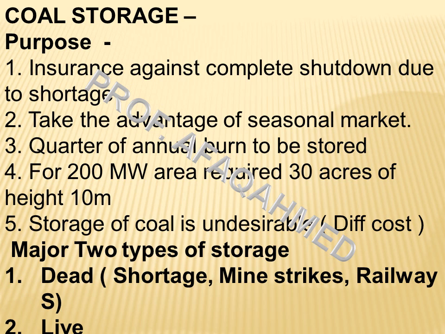So we can take such advantage during the purchase of coal also. The coal storage is normally sized to have a capacity of a quarter of the annual burn, 1.25 million tons for a 200 megawatt plant.